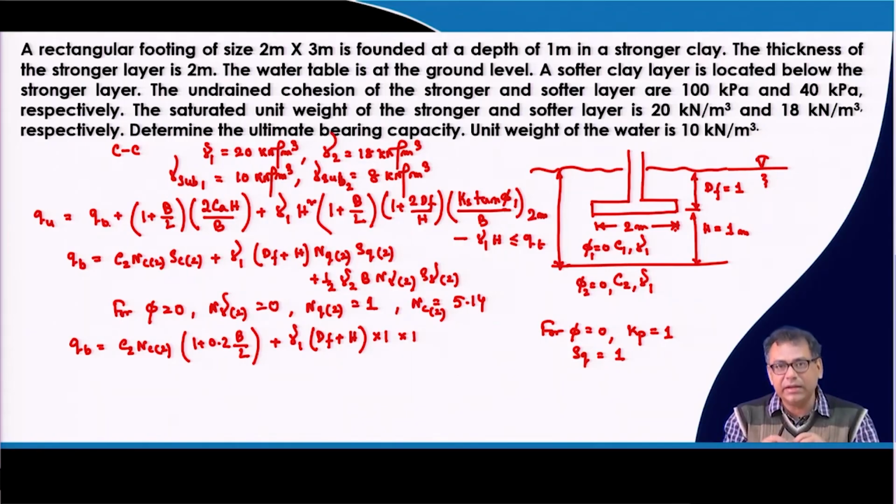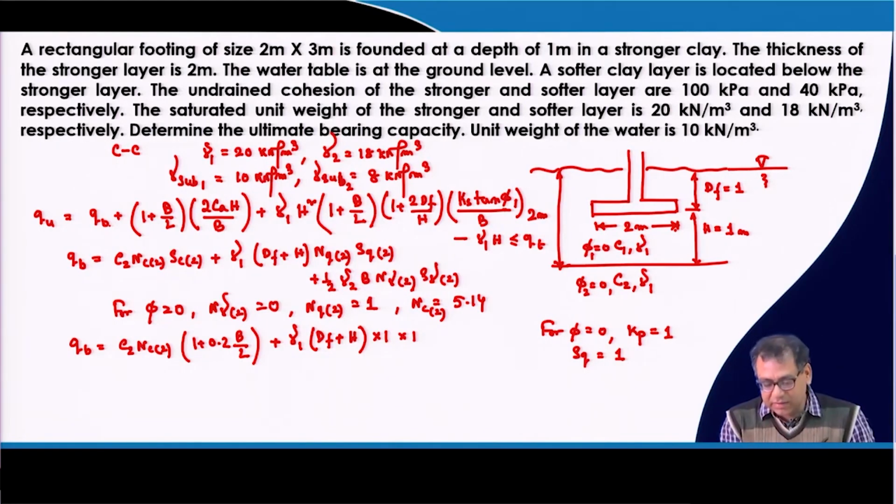But when you are calculating qt and qb, qt is nothing but when your foundation is resting on the top layer only, and qb is when the foundation is on the bottom layer. In that case you have to use the Meyerhof original recommendation. You have to use the shape factor which is proposed by Meyerhof in the original bearing capacity equation. That table I have given, you have to take the bearing capacity factor from there. So, all these things are as per Meyerhof.